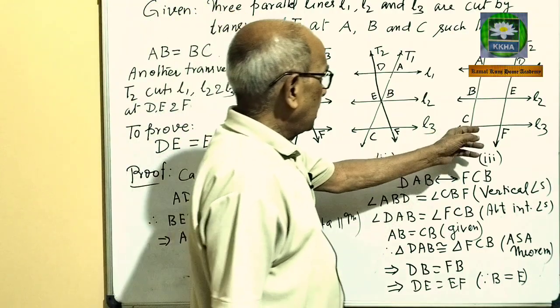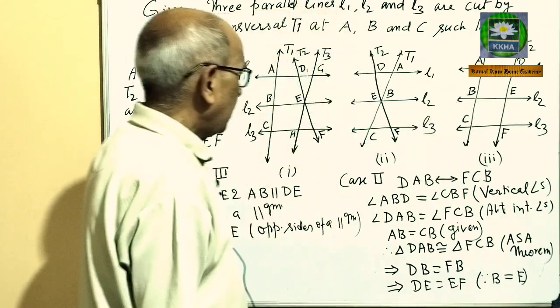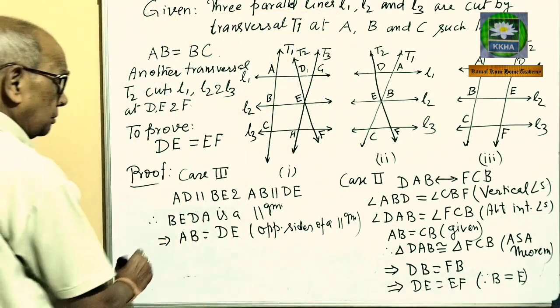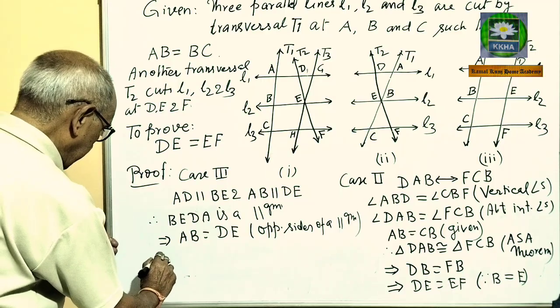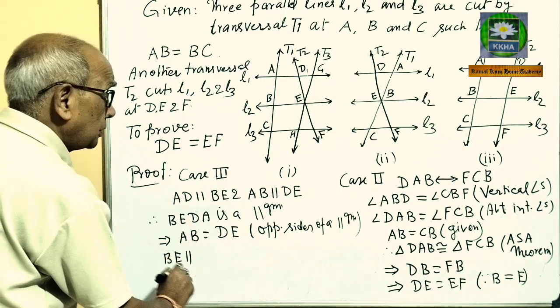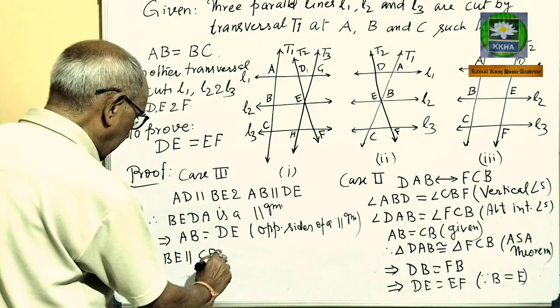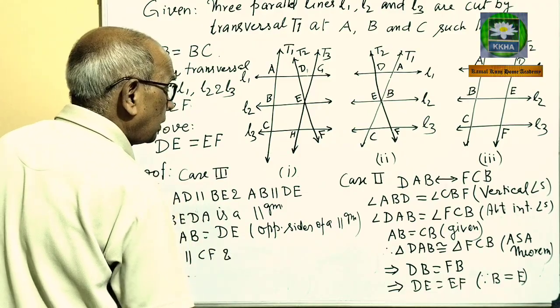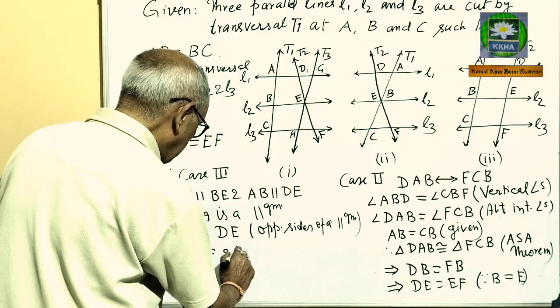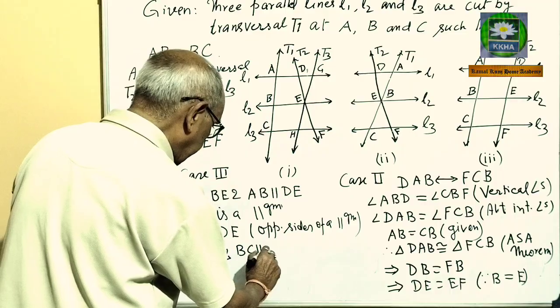Similarly, CFEB is also a parallelogram. BE is parallel to CF and BC is parallel to EF.